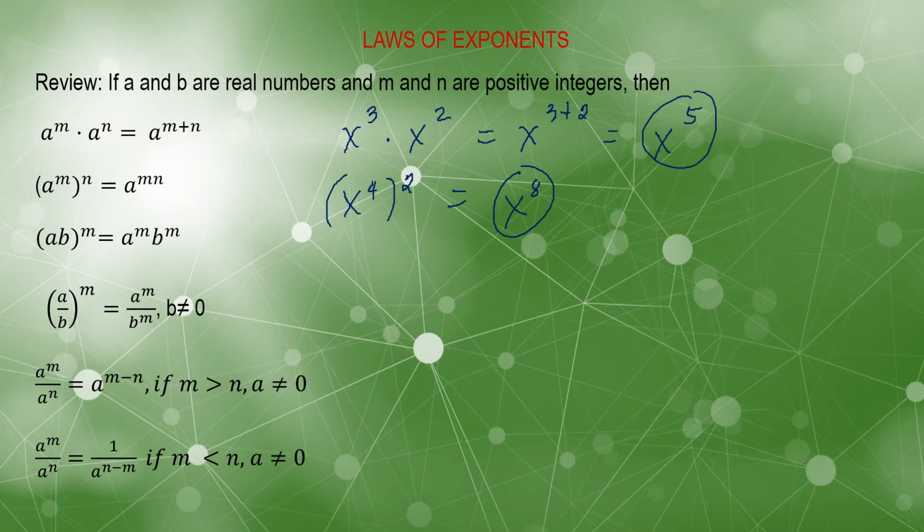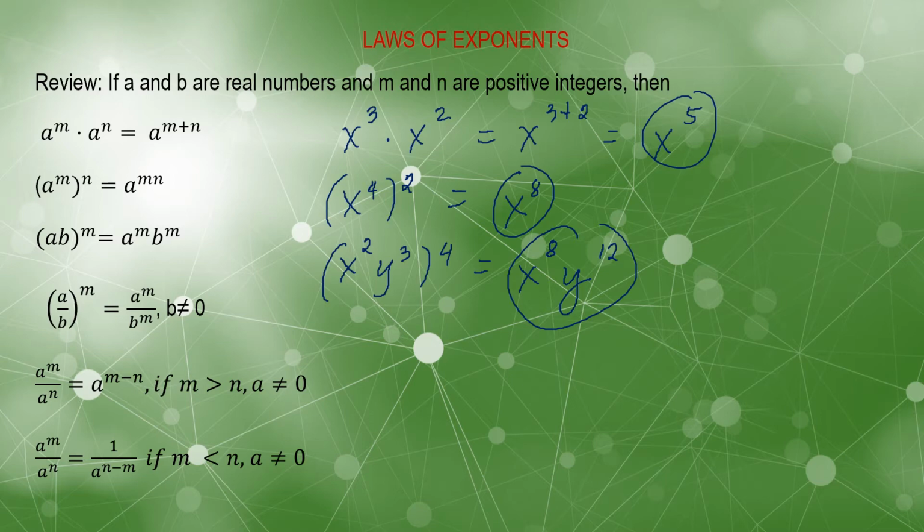Say for example, we have x raised to the second power, y raised to the third power, quantity raised to the fourth power. That will be equal to x raised to the product of the exponents 2 and 4, so we have x raised to the 8th power times y raised to the product of 3 and 4, which is 12. So the answer will be x raised to the 8th power times y raised to the 12th power.